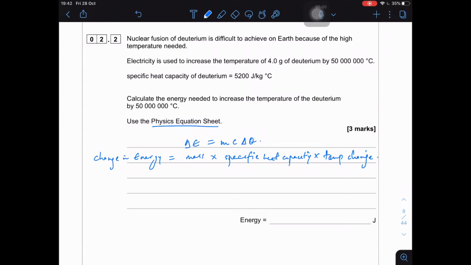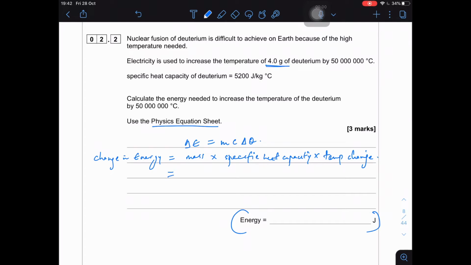Now, change in energy is not given. So what are we supposed to find out? We are supposed to find out energy.